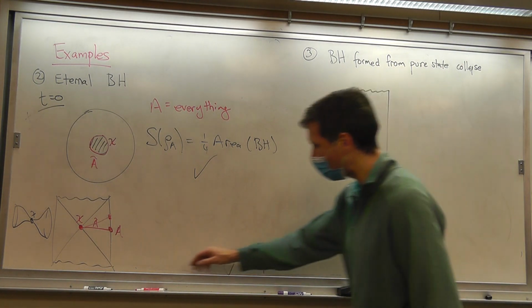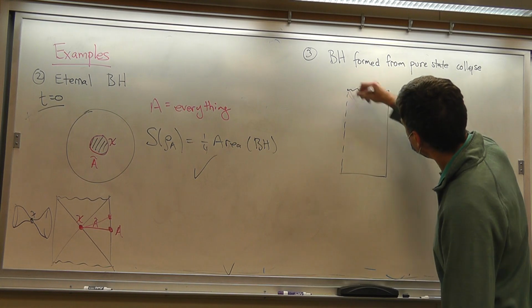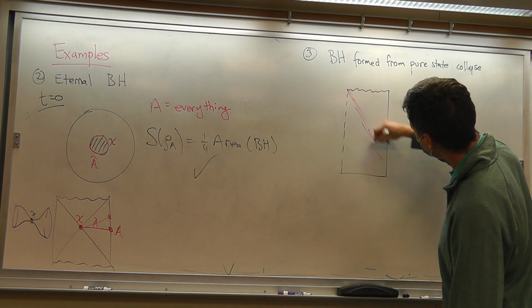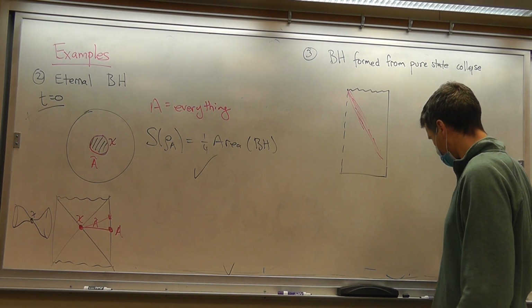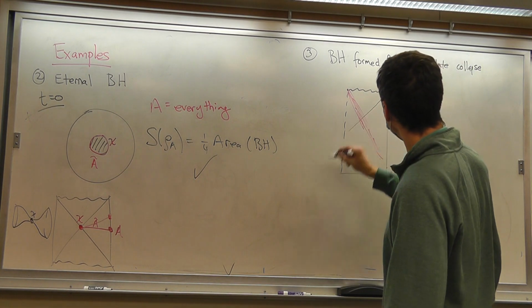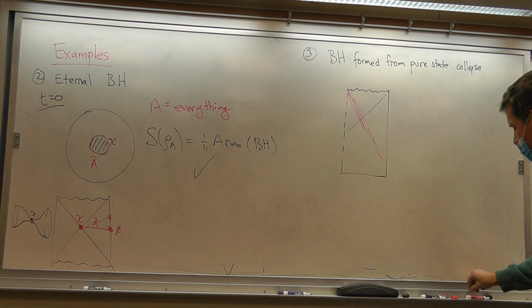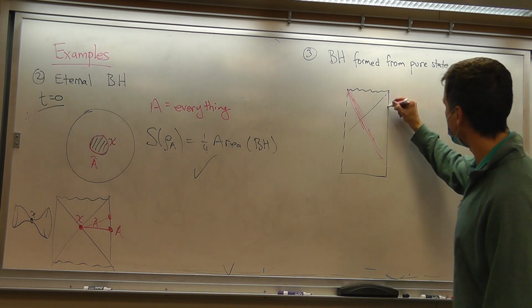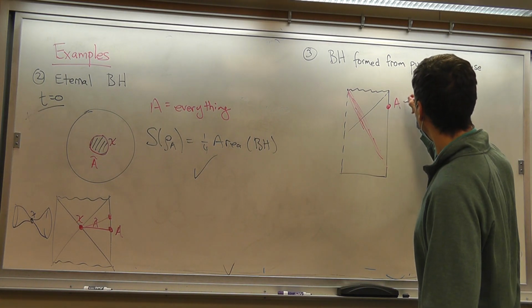The collapsing black hole is like a star or something that collapsed like this. The horizon is here. And let's again take region A to be everything.